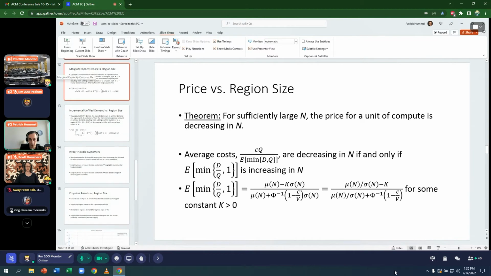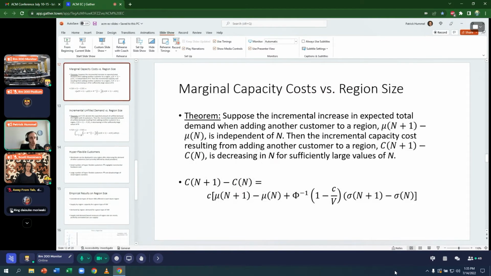So our next result concerns the relationship between marginal capacity costs and region size. And so here we find that the incremental capacity cost resulting from adding another customer to a region is going to be lower in larger regions. So in this slide, we spelled out why this is true by just giving an expression for the incremental capacity costs, and the result then follows from the concavity of sigma as a function of n.